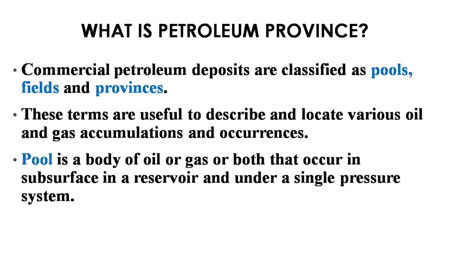So, let us learn few terms that we commonly use in the oil industry. We call a body of reservoir oil and gas that is subsurface as the oil pool. Now, an important thing about a pool is that it should be hydrodynamically connected.